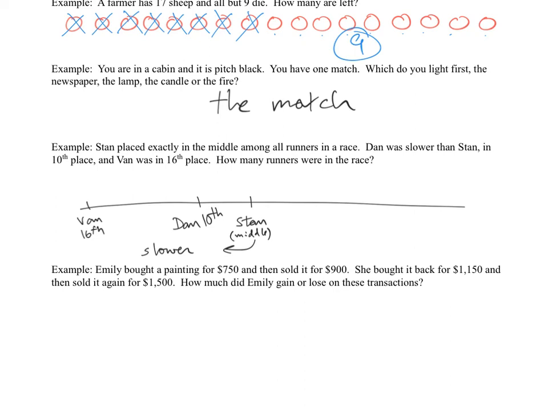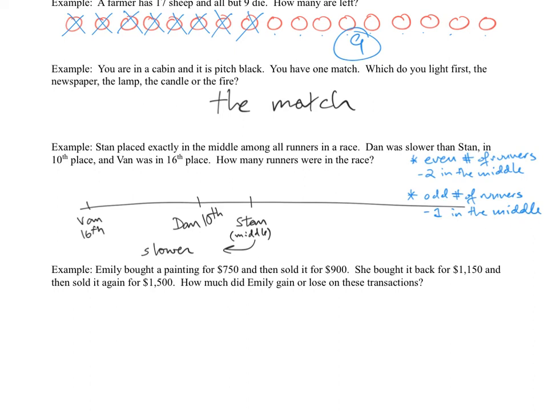Another fact that you need to remember is this. If there are an even number of runners, then there have to be 2 runners in the middle, or I guess more technically, no runners in the middle. But if there are an odd number of runners, then there only has to be 1 runner in the middle.